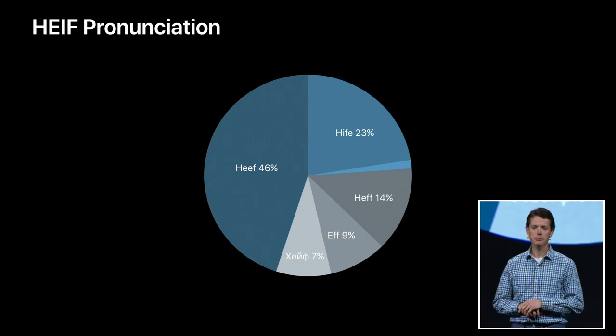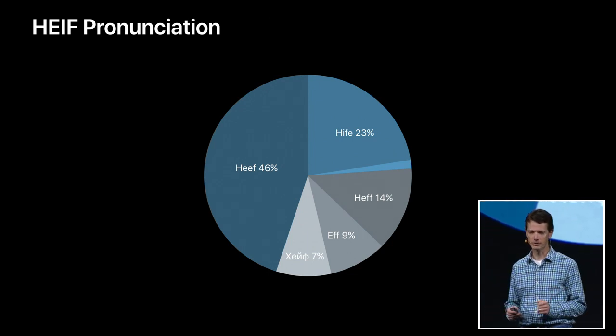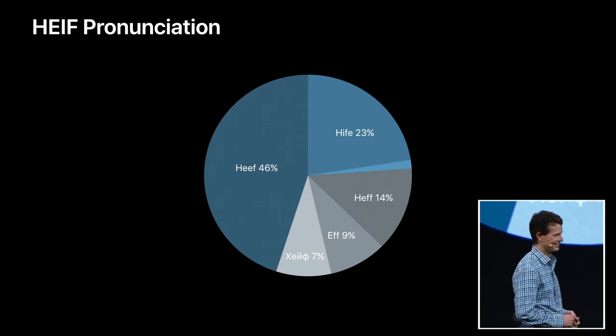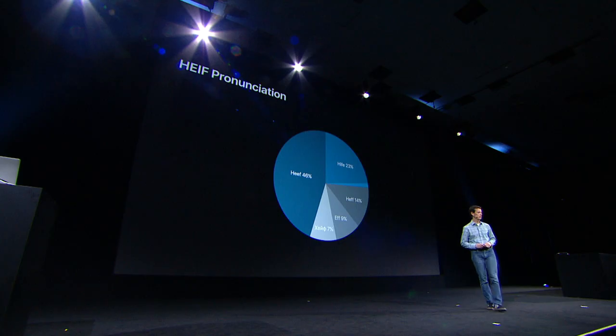The technical detail I'm sure you're most interested in, and the reason that you came today, is how to pronounce it. So I used the scientific method. I polled all the engineers on my floor, and the voting was largely along party lines. The German speakers said one thing, and the French said another, and the Russian said another, and "heef" was the runaway winner, though.